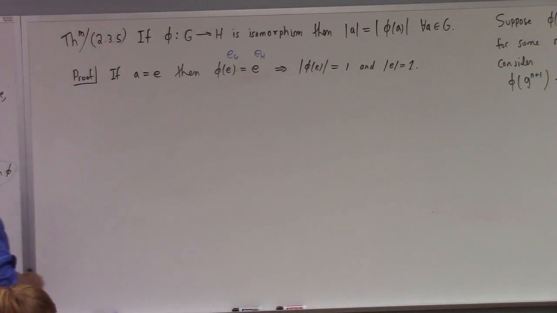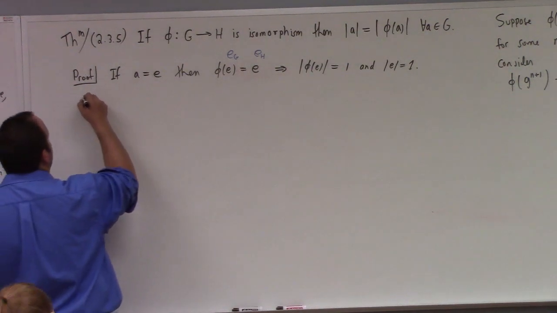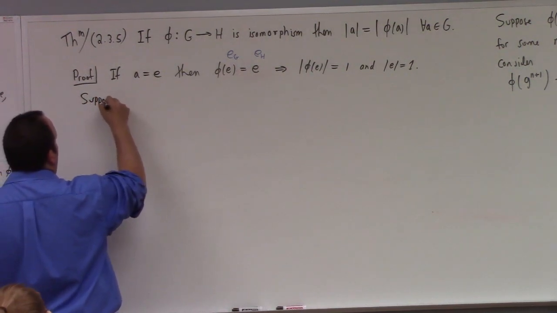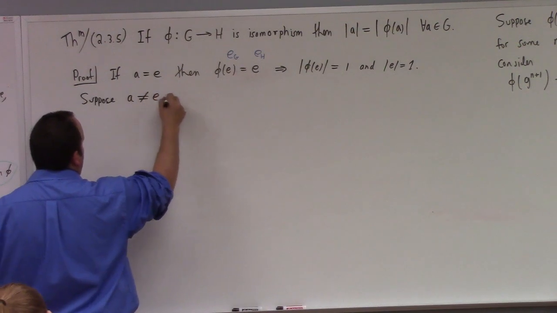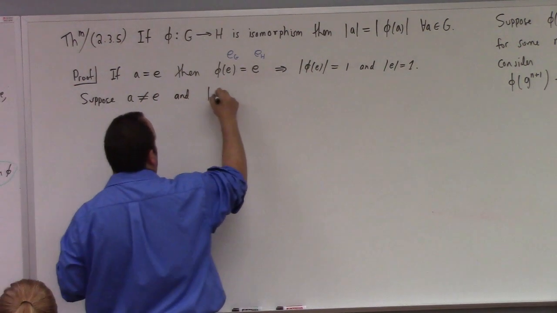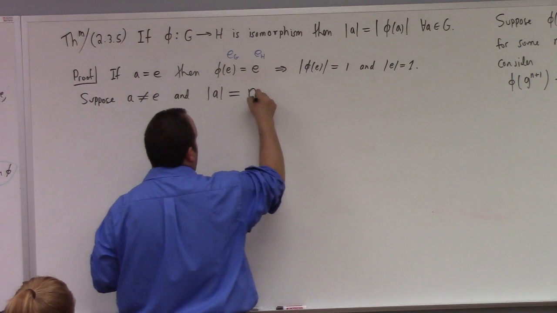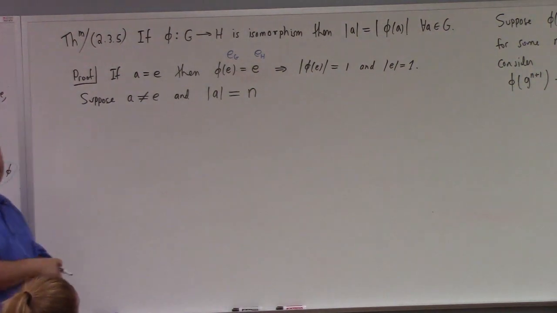All right. So let's suppose that A is not equal to E, and let's suppose that the order of A is equal to n. What's that mean to say that the order of A is equal to n?